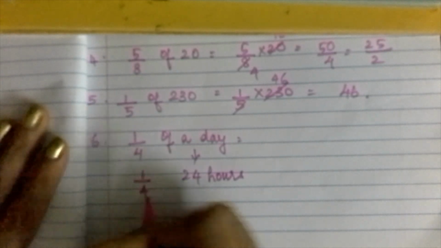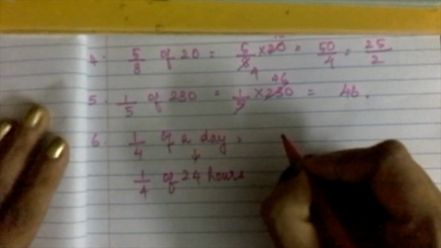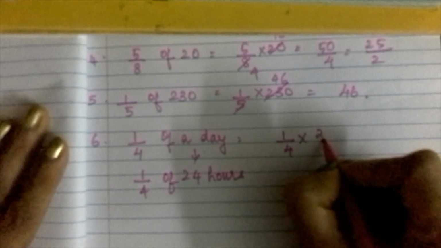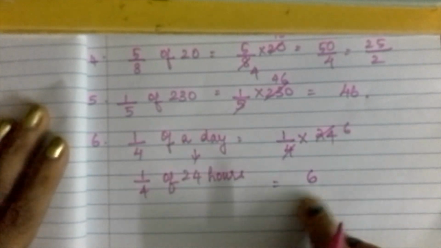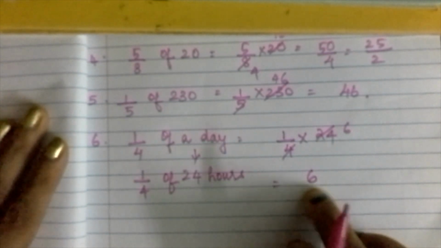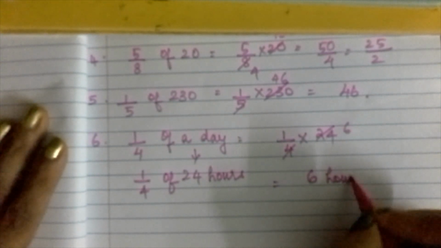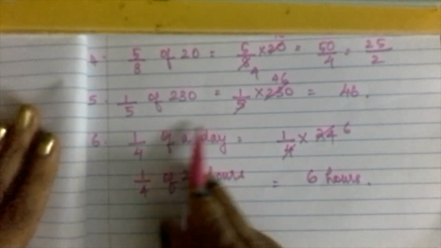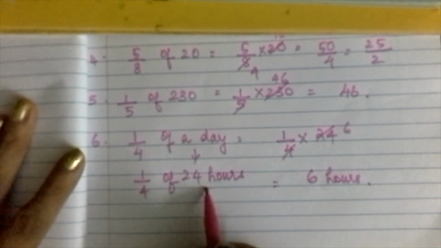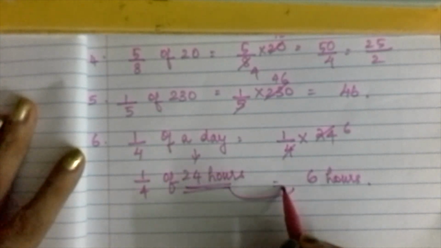So it will be 1/4 of 24 hours. Now I have to do 1/4 into 24. So my answer will be 6. Now you should not just write 6. You should write 6 hours as your answer, and you should not write 6 days because we have converted a day into 24 hours. So your answer should be 6 hours.